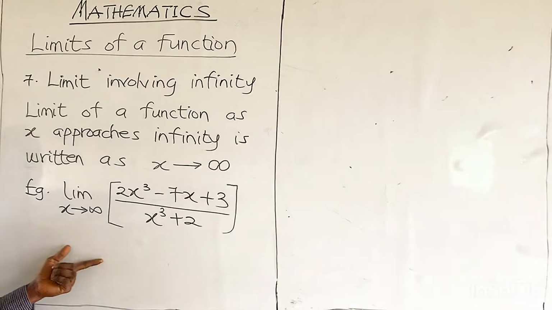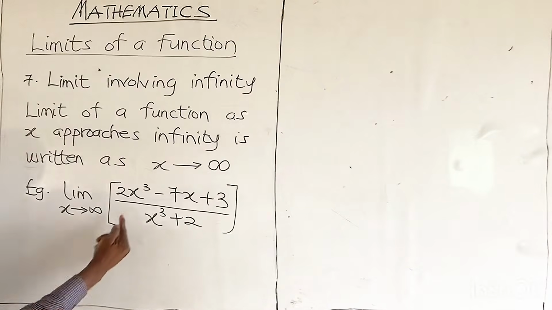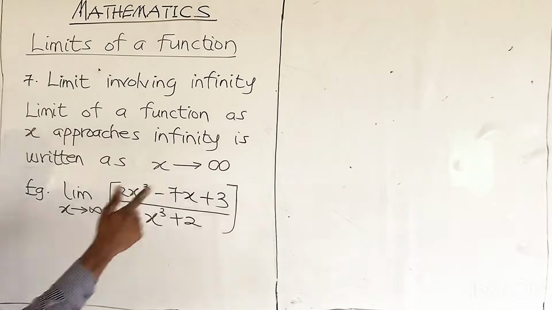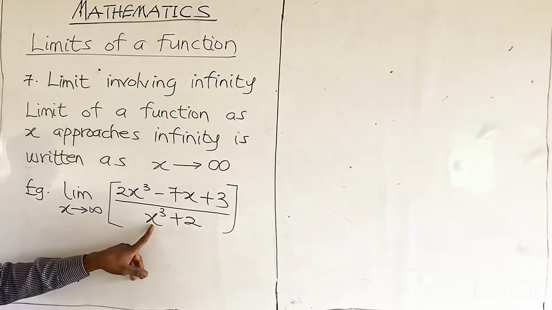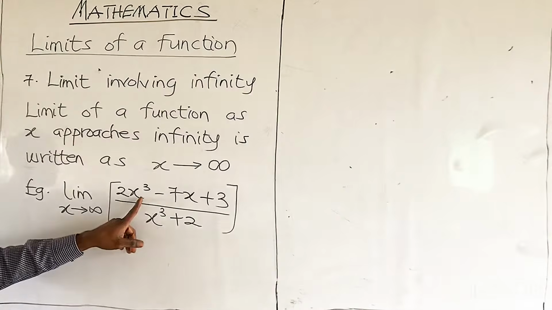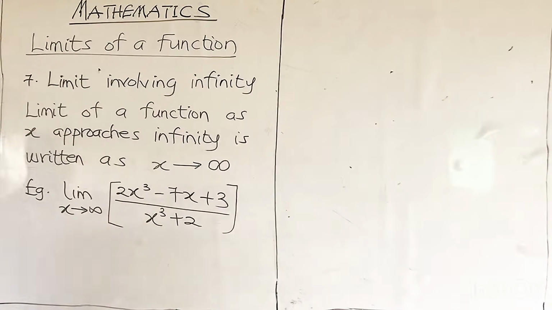So when a function like this is given, all that we are going to do is divide each term by the highest exponent of x. Here the highest exponent of x is x cubed.